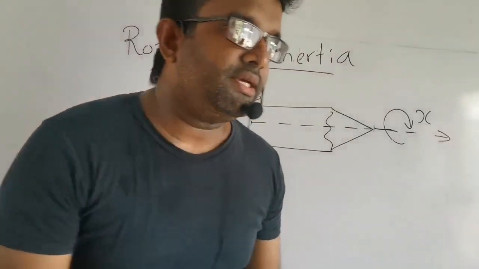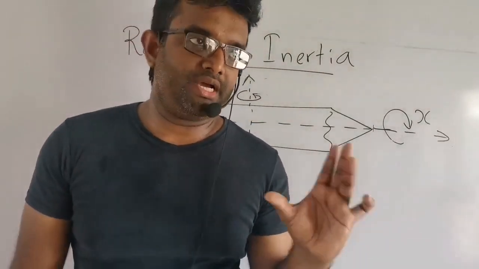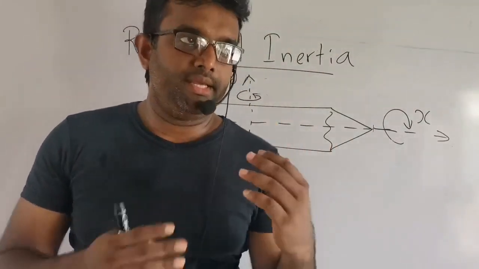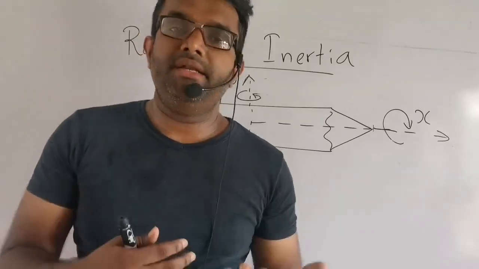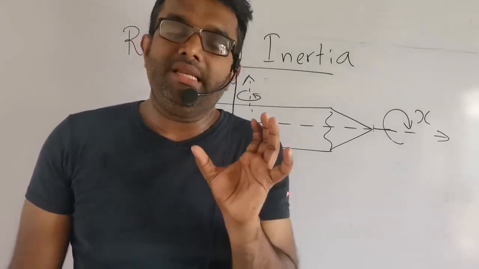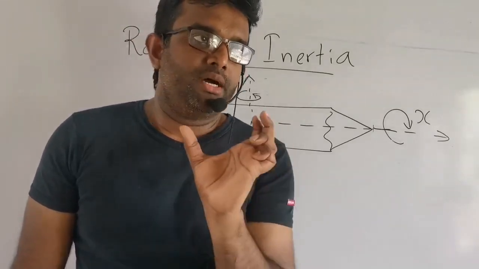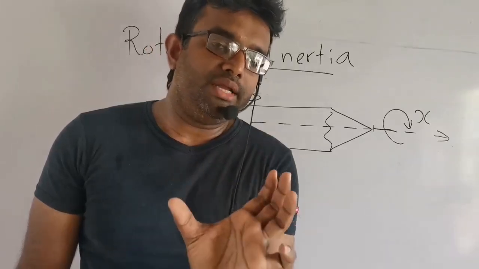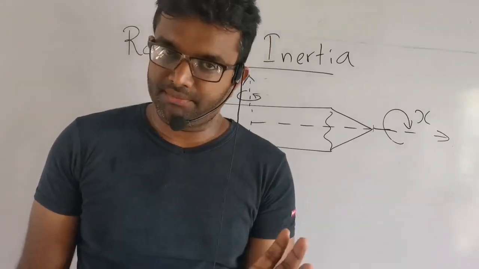So in linear motion, I think you remember inertia. Inertia means the tendency to change the state of motion, right? In linear motion, that depends only upon the mass of the object.